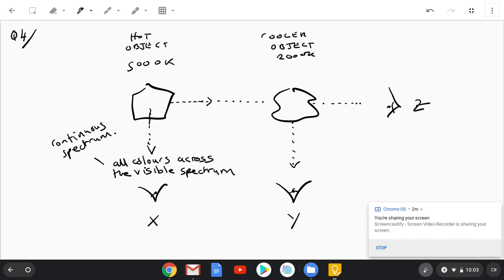So those electrons are much lower in terms of where they are in the energy levels. So when this light passes through this cooler material, certain wavelengths, certain photons are absorbed by the electrons that are in the lower energy levels, because electrons occupy lower energy levels at cooler temperatures.